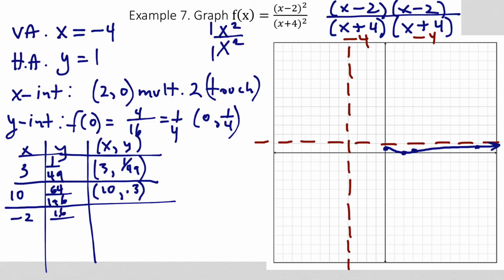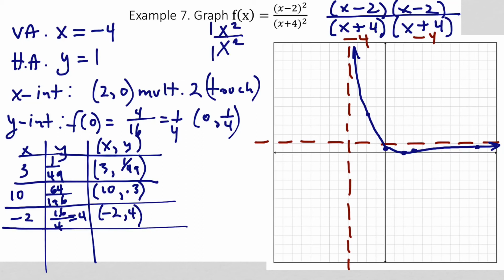Then I've got -2 plus 4, that's 2. 2 squared is 4. So that's 4. So I've got the point -2, 4. So that gives me a pretty good idea that I'm going to start approaching higher and higher and head for my asymptote up here.